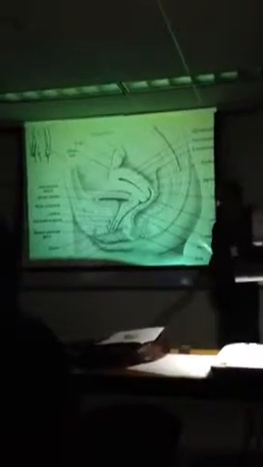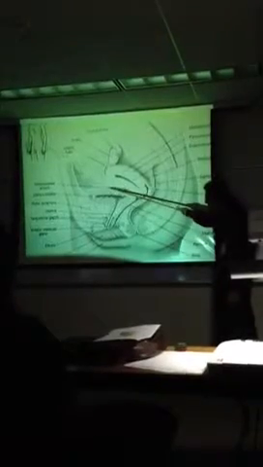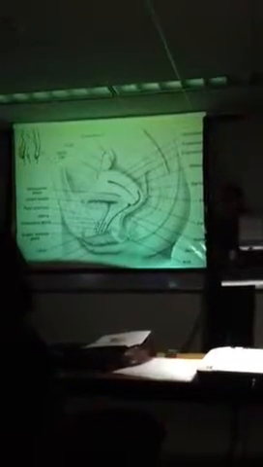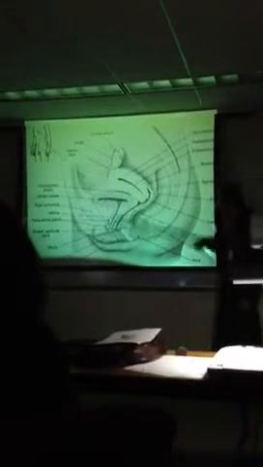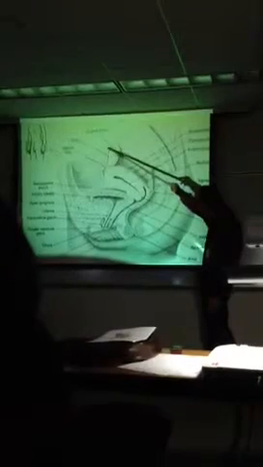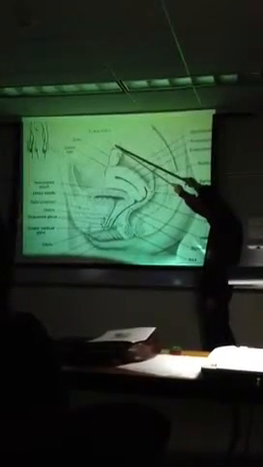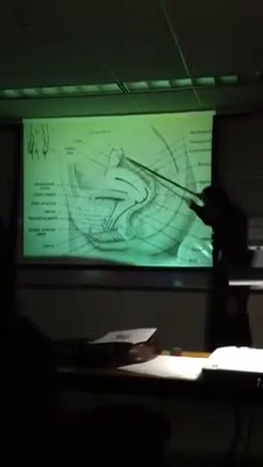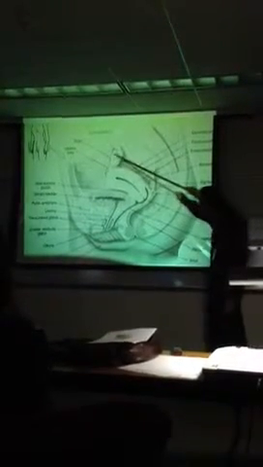Coming out about two-thirds to three-quarters of the way up the uterus, and you can't really see it, is the origin of this tube, the uterine tube or fallopian tube. The fallopian tube passes in a direction like this and then hangs over the ovary, which is here. There's no direct connection.